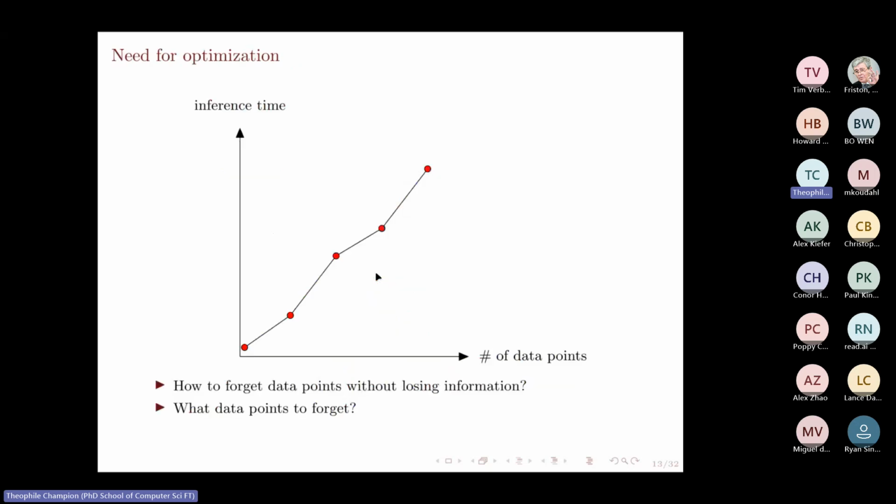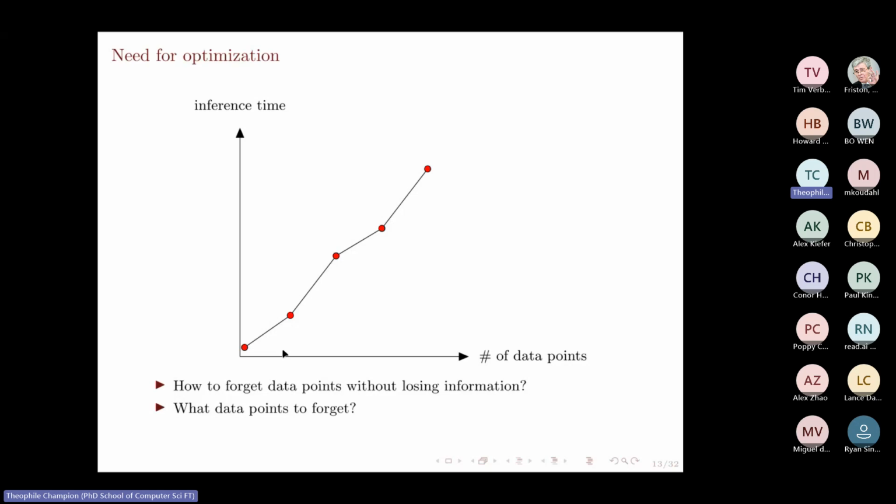The problem with this approach is that as we collect more and more data points, the inference time is also going to go up. And because we are trying to do real-time decision making, this becomes a problem. So what we are going to try to do is to remain with a small number of data points, so stay on the left of this graph.